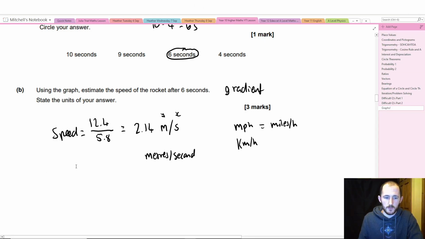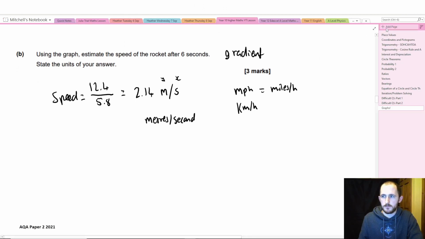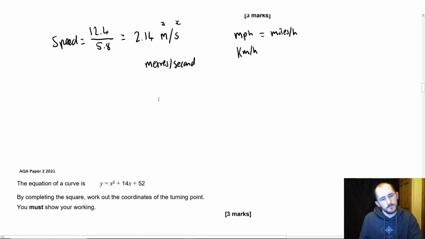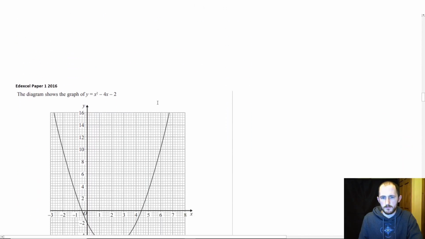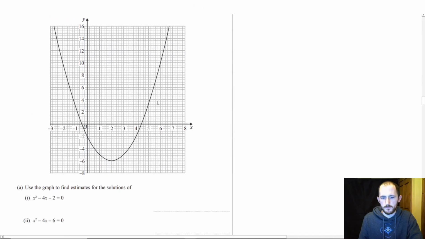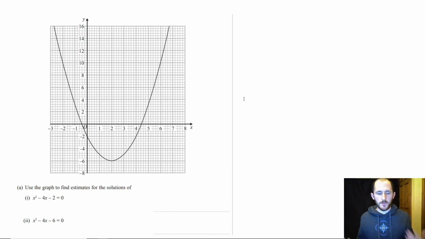The Edexcel circle question. Which one was that? Wait, did I have it on here? Okay. So the annoying thing is I now have access to the AQA questions from last year, but I don't have the circle one just yet.